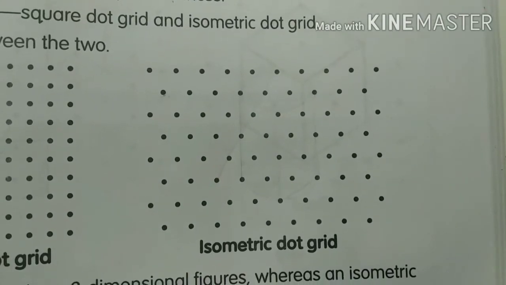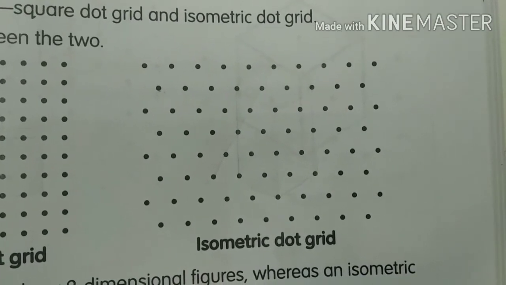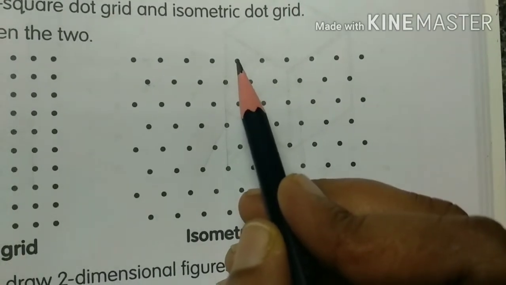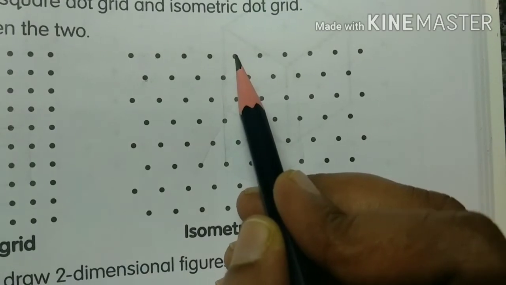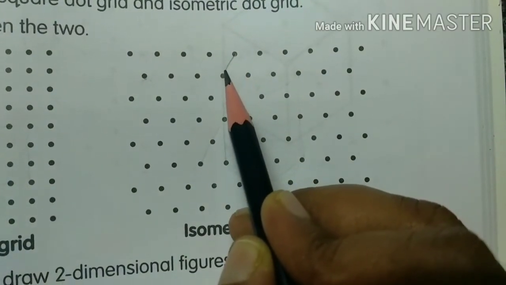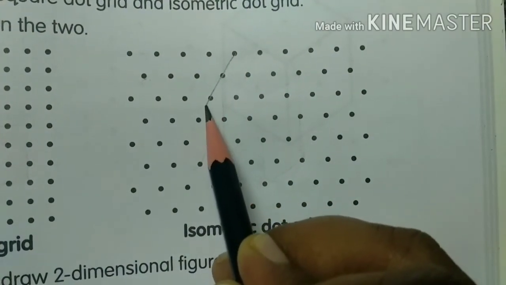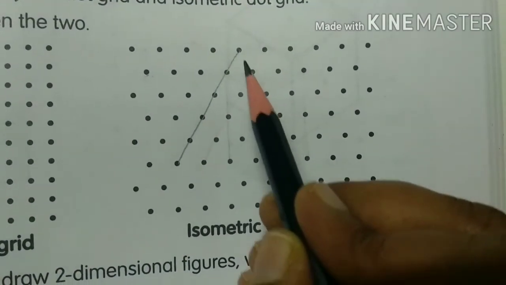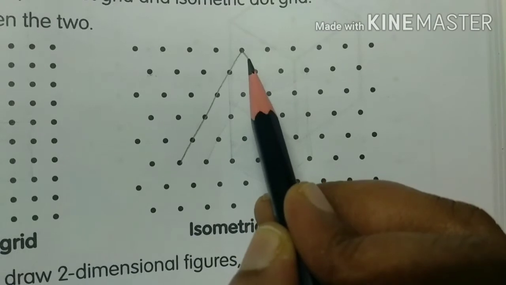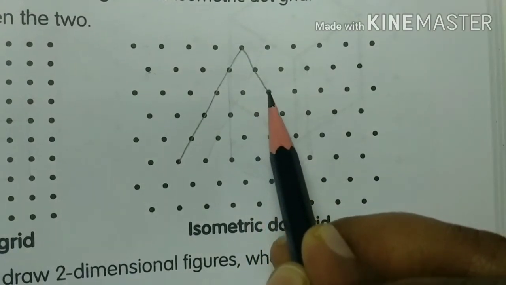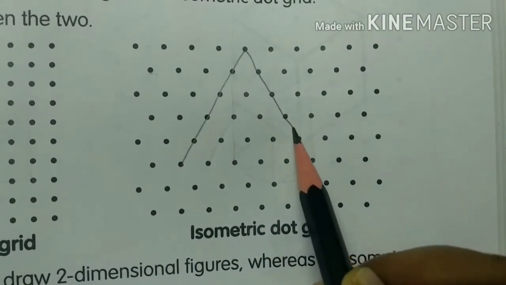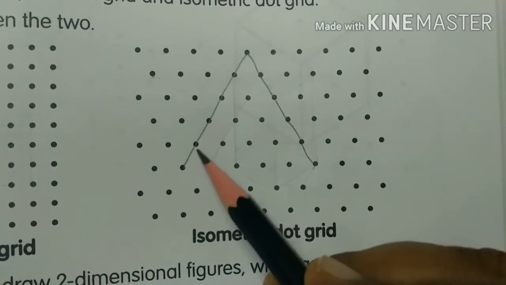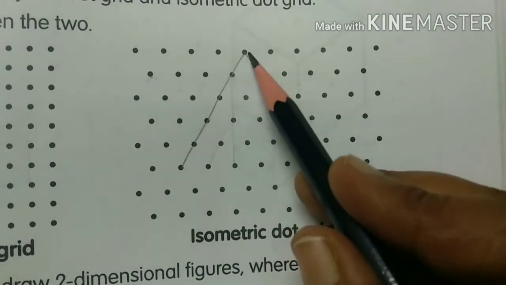Next, we are going to draw a cone on an isometric dot grid. Draw joining these points and here also joining these points. Here 1, 2, 3, 4, 5, 6 points.